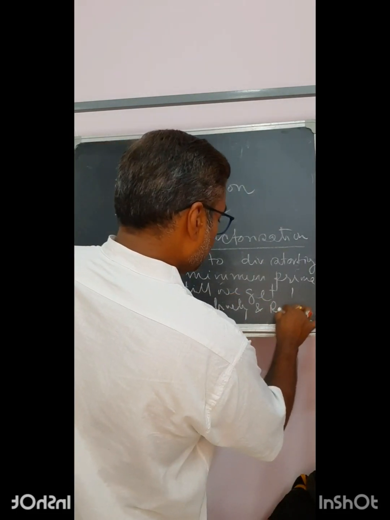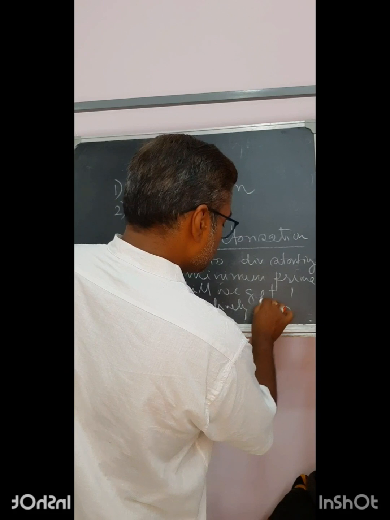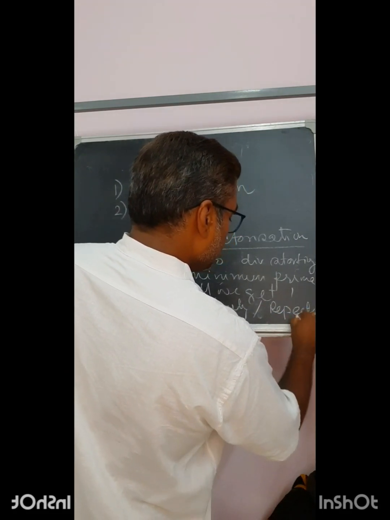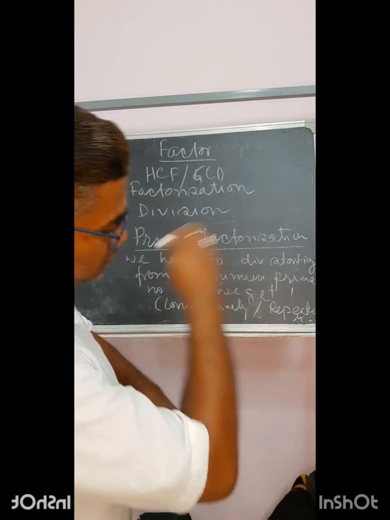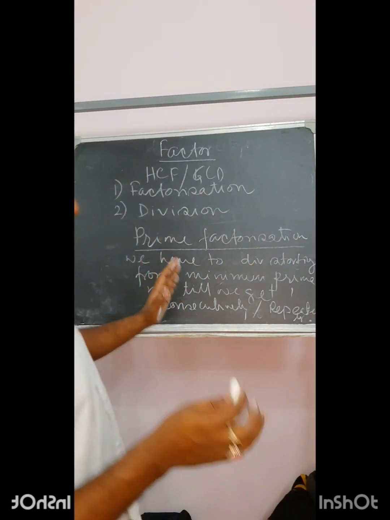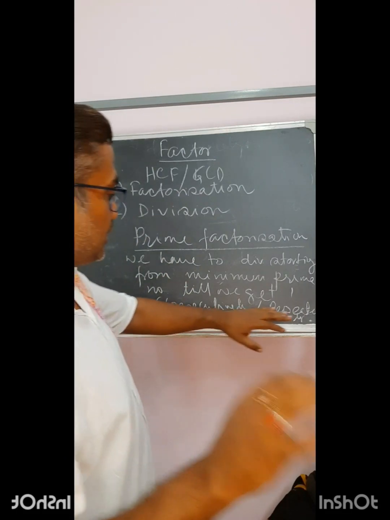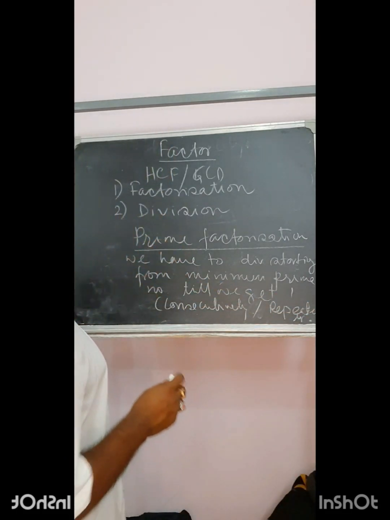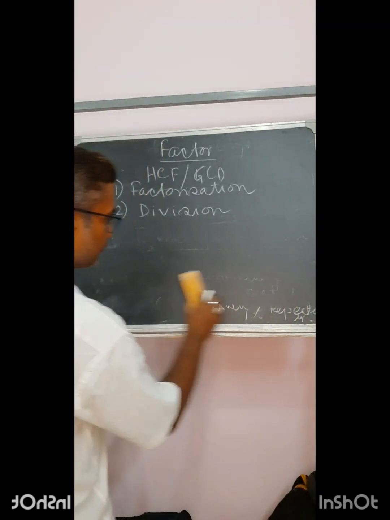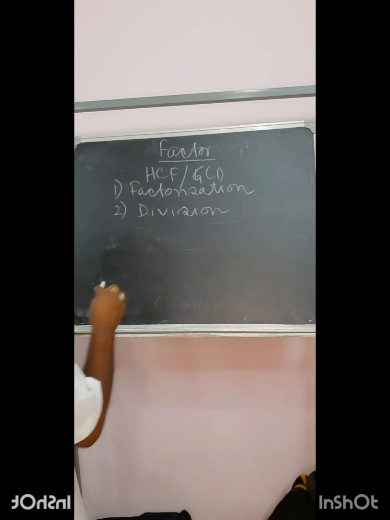If I do continuous division starting from the minimum prime number till I get 1, that will be the prime factorization. Now let me give you an example of how it happens.